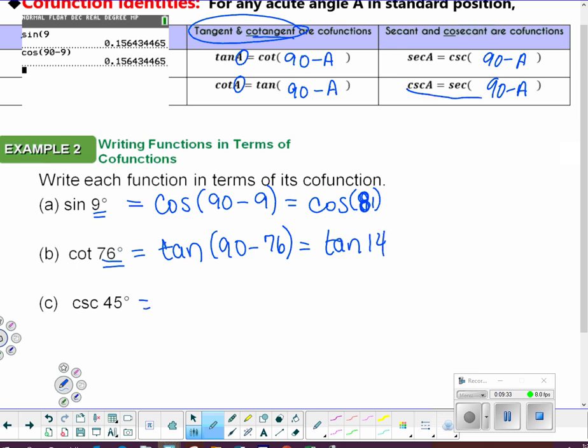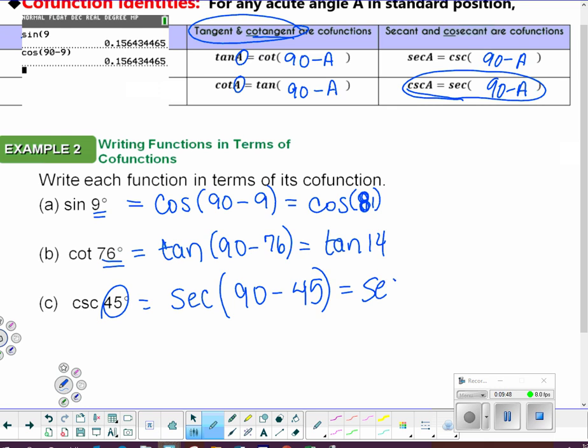Cosecant and secant are cofunctions. So we'll have secant of 90 minus the original angle. The original angle is 45. And we'd get secant 45.